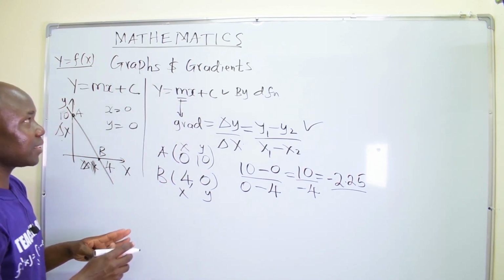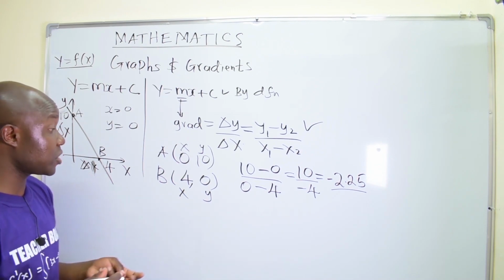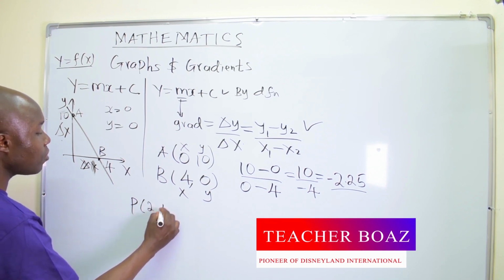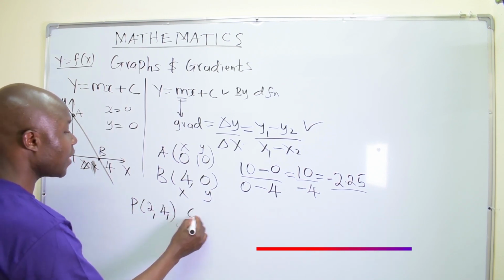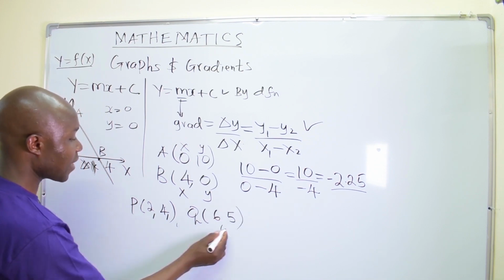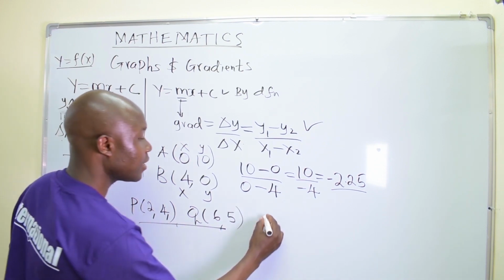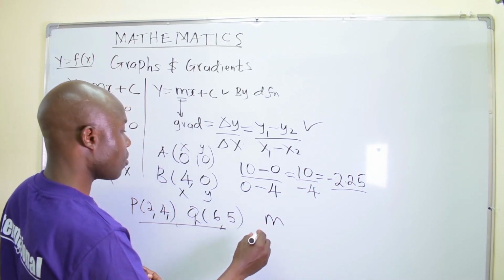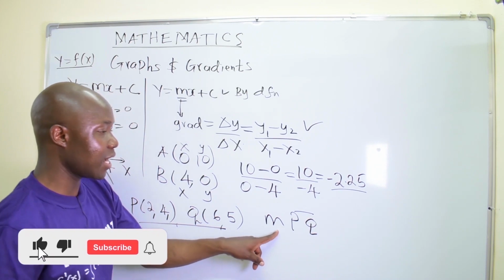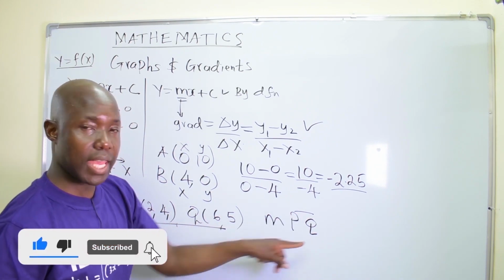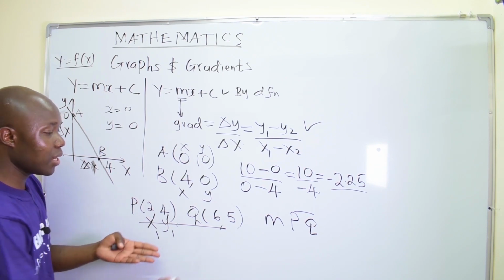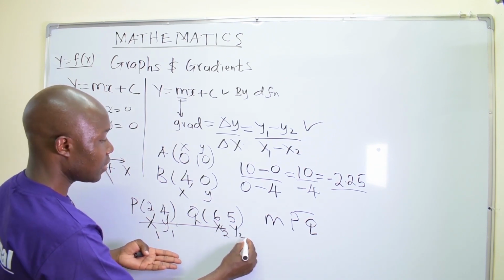Then there are some other basics, because this is just a general revision. Somebody may give you point P to be maybe (2, 4). Then they give you point Q to be (6, 5). Then they ask you to find the gradient of line PQ. So you just identify, call it x1, y1, then x2, y2.